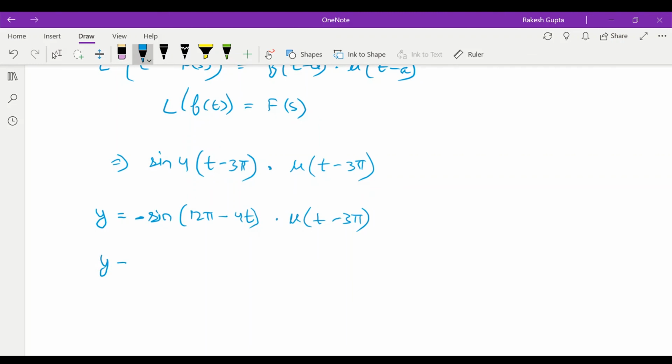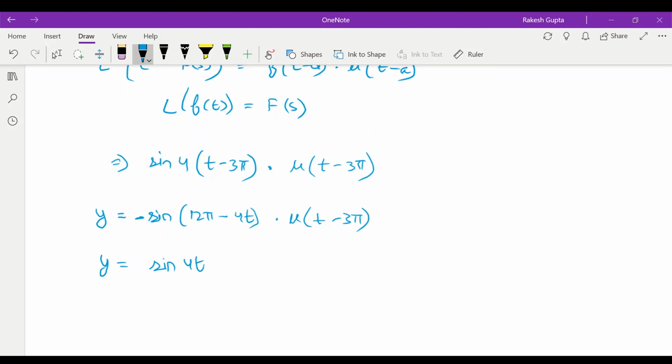Now y is equal to minus sine. We can write this as 12 pi is a multiple of 2 pi, so the cycle is complete. So the 12 pi is going to go, and this is going to be sine 4t.